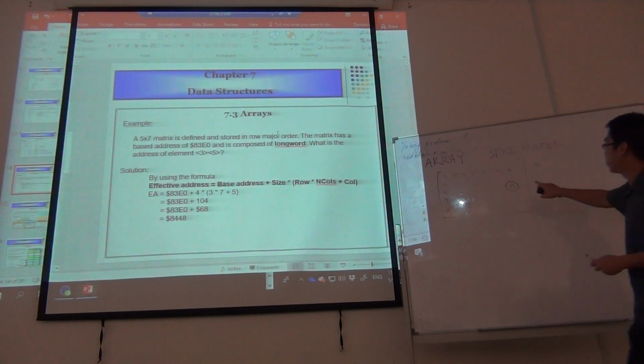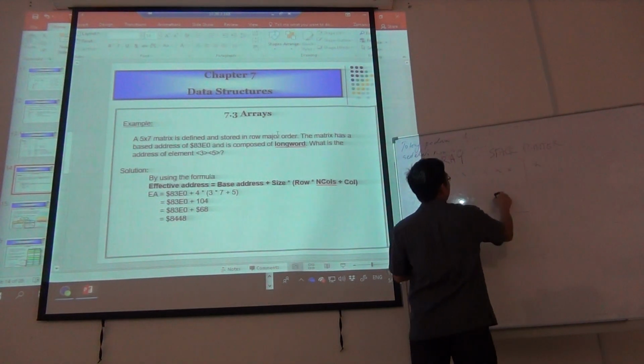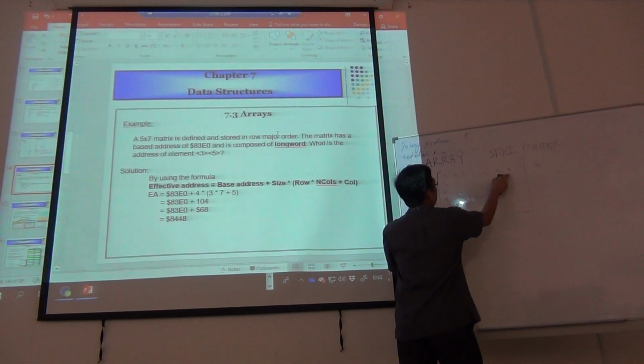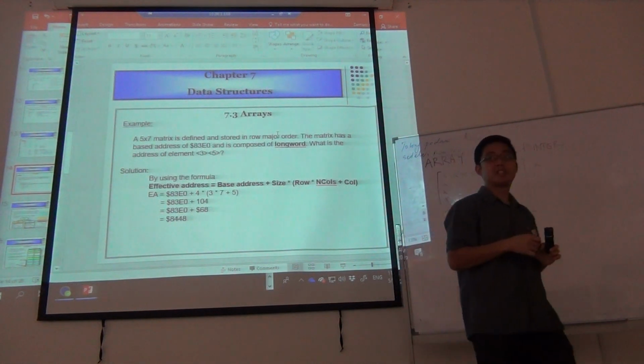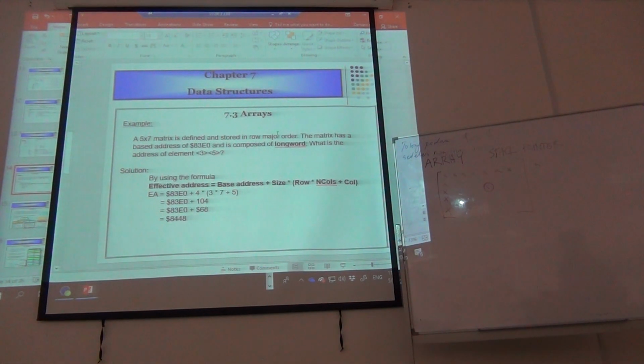Sorry, 3, 5. That's the location. So based on these values, you can get the address for this particular location or any location using this formula. Any location. Okay, so it's actually a bit longer than the one-dimensional matrix.